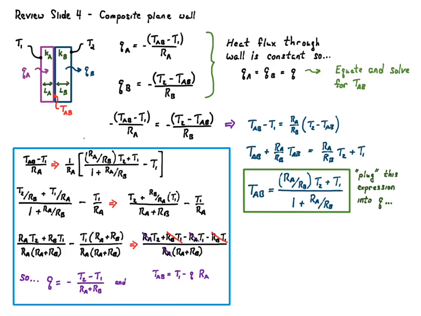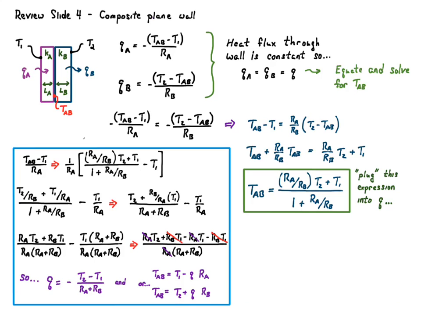And we can then figure out the interface temperatures, because once we've determined Q, we can go back and rearrange these original equations to solve for temperature AB, or we could use the other equation and get it through either process, either knowing the values of T1 or from T2.